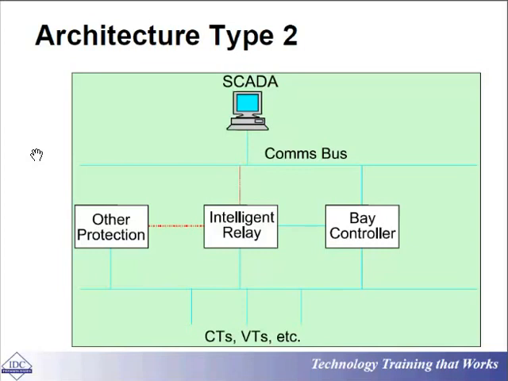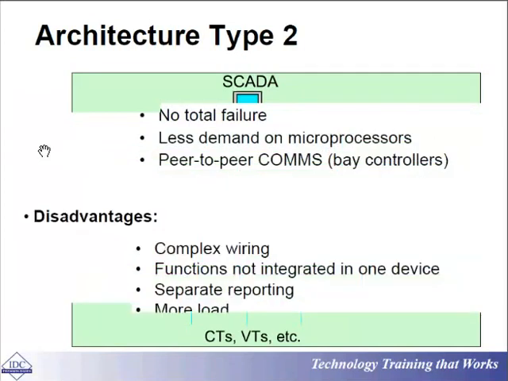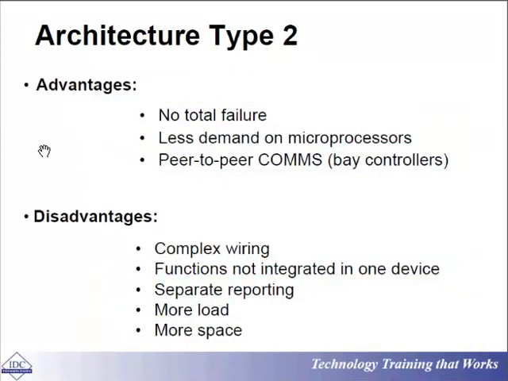So a large amount of that information is saved and can be controlled from that way. It's more like you have opened up another gate. Advantages, so this time there is no total failure because you have got that controller as well. And of course, you can put a lot of information on the microprocessor of the controller, so less demand on microprocessors. Again, you have got peer-to-peer comms.